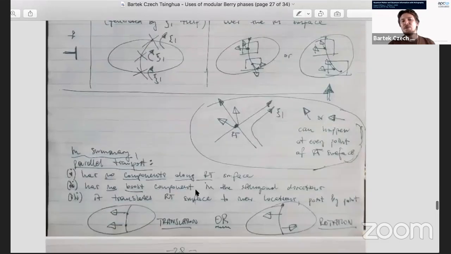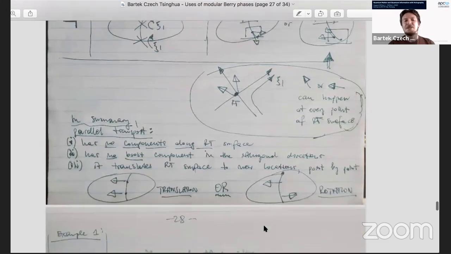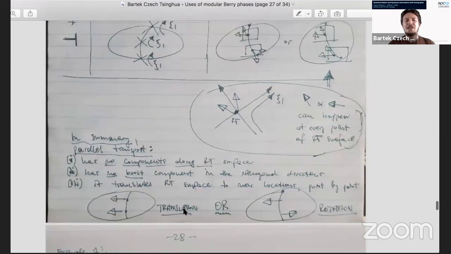It has no boost component in the two orthogonal directions, but it can have translation components in the orthogonal directions. And the translation components, if they act in a concerted fashion, then this is like a global translation. If they act in an anti-concerted fashion, this is like a rotation. And lots of options in between also apply. Okay. Are there any questions about what modular parallel transport can do to a surface?